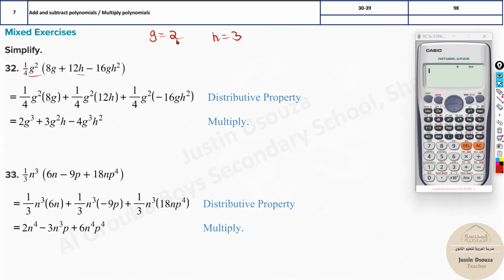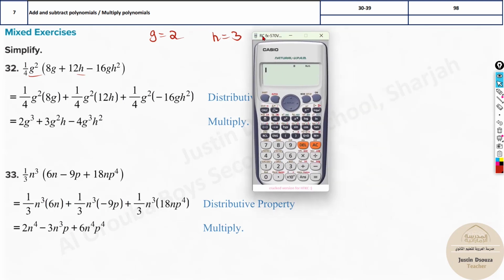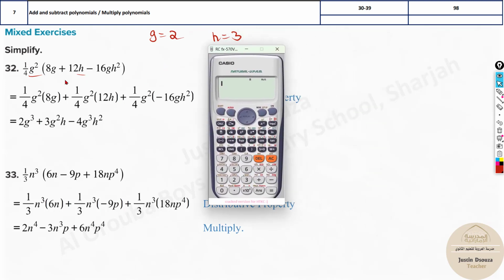When you're substituting, instead of G, put the number 2, because you can't solve in a calculator when there are two variables. I will substitute the 1 by 4 as it is, but instead of this G, I have to put 2 squared. Multiply it with, let me just type it as it is, not changing anything, but wherever G is there, I put the value 2.